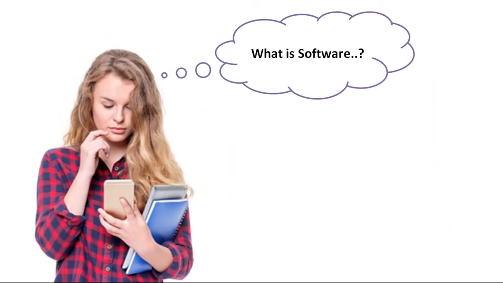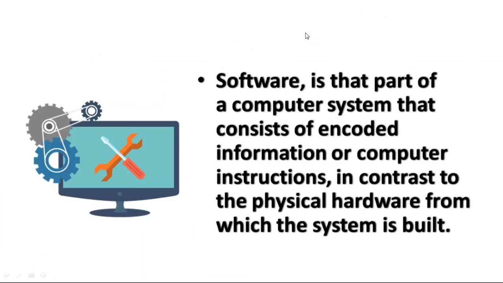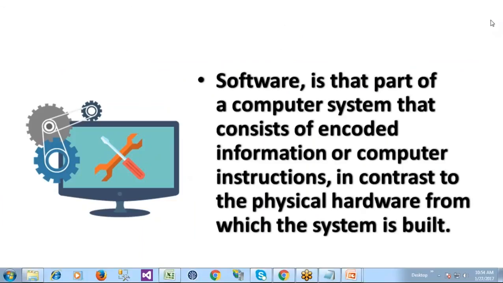So generally, what is software? Software is that part of a computer system that consists of encoded information or computer instructions, in contrast to the physical hardware from which the system is built.